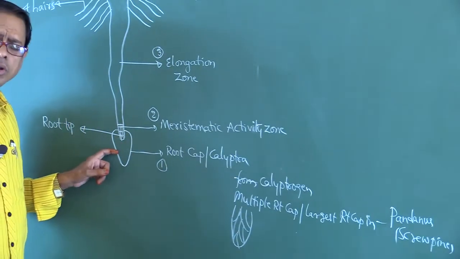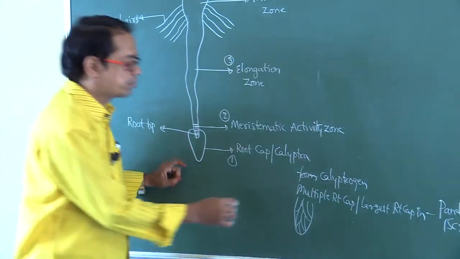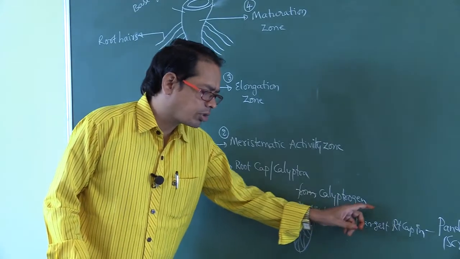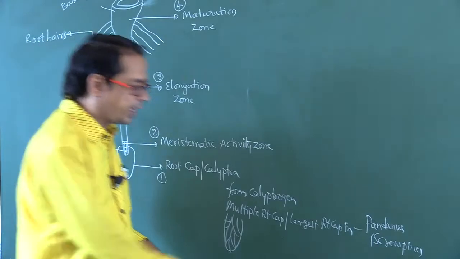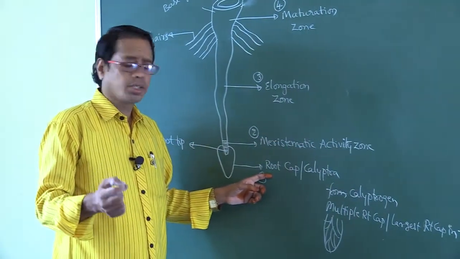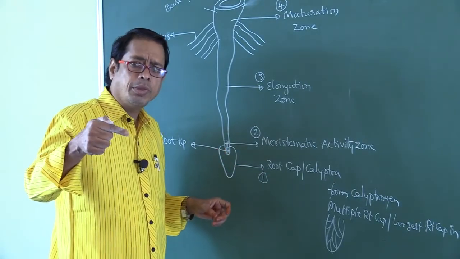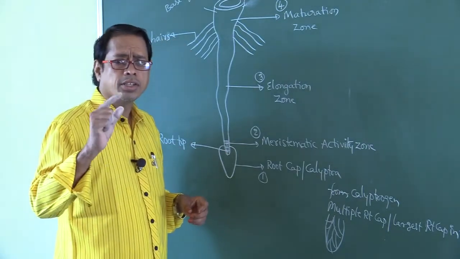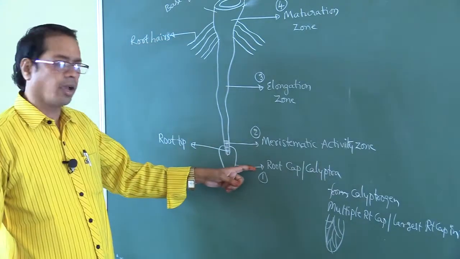Generally single root cap, but here multiple, that is the largest root cap with multiple sheaths. So multiple root cap or largest root cap is found in Pandanus, commonly called screw pine. What is the purpose of root cap? That is protection, and easy penetration of root into the soil. One is protection, second one is easy penetration of root into the soil. That is about root cap.